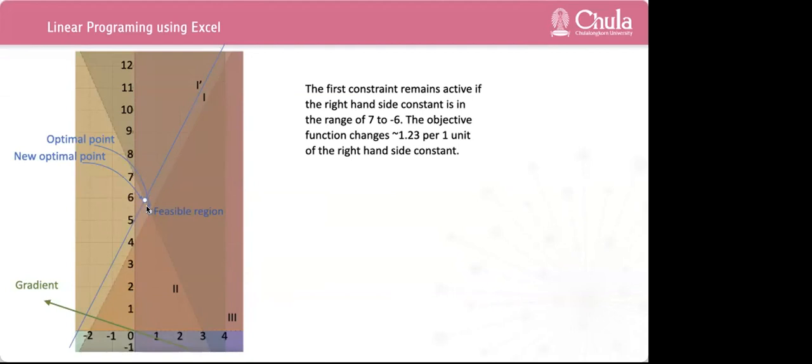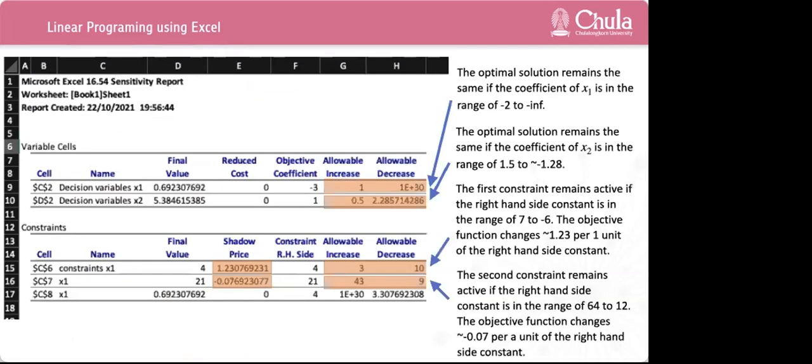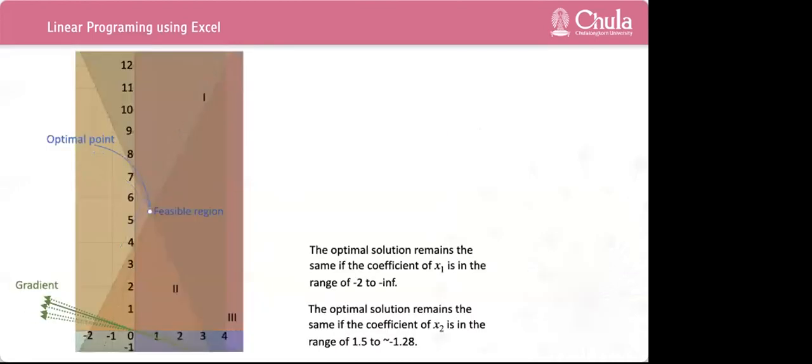So you can estimate how the objective function changed, and calculate the new objective function without resolving the problem. Any question?